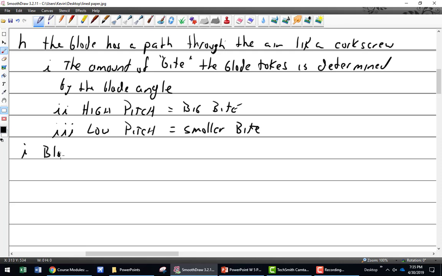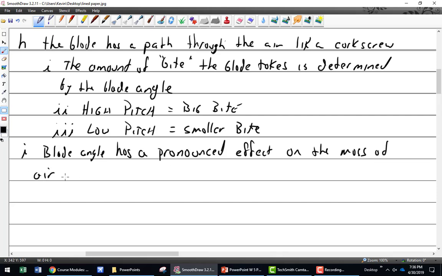Blade angle has a pronounced effect on the mass of air moved, as well as engine RPM. So what I'm saying is a little bit of blade change, a little bit of angle, makes a big difference.